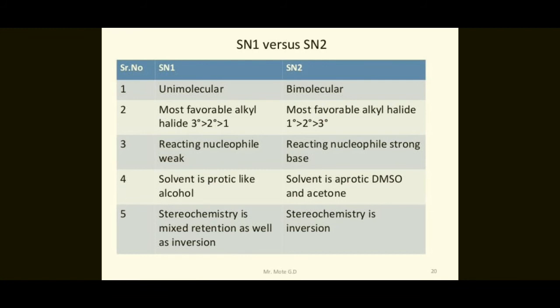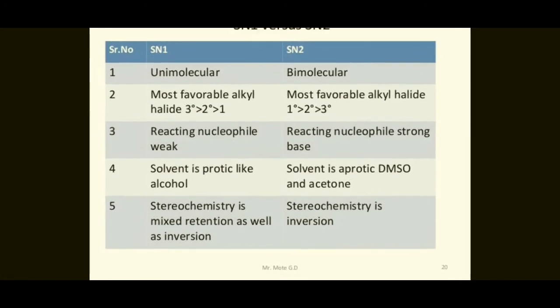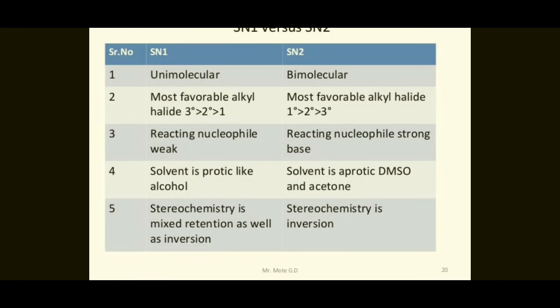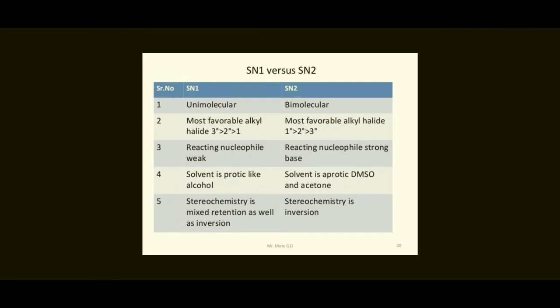SN1 reactions use protic solvents like alcohol, and SN2 reactions use aprotic solvents like DMSO and acetone. Stereochemistry is mixed, retention as well as inversion, in SN1 reactions, but in SN2 reactions it is only inversion.